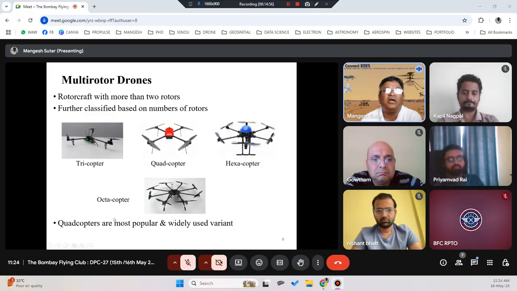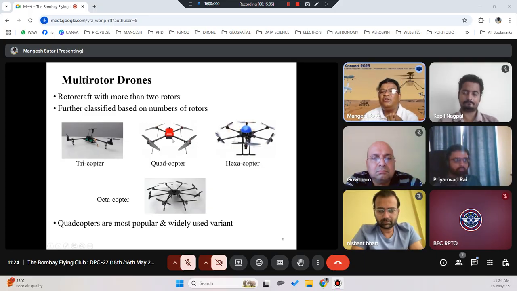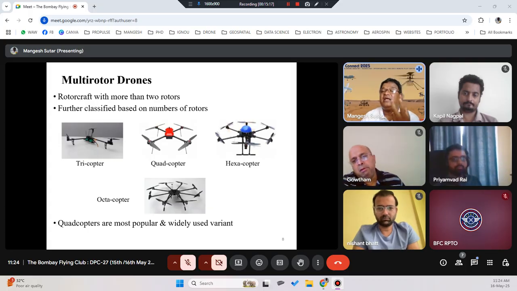So quadcopters are the most popular and widely used variant. Quadcopters are used very efficiently in very large applications. I would say almost 60-70% of our drones are quadcopters. Hexacopters are used primarily when the payload is heavy, or in the agriculture segment. Similarly goes for octocopter also.